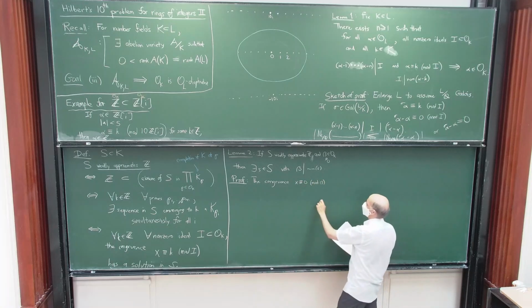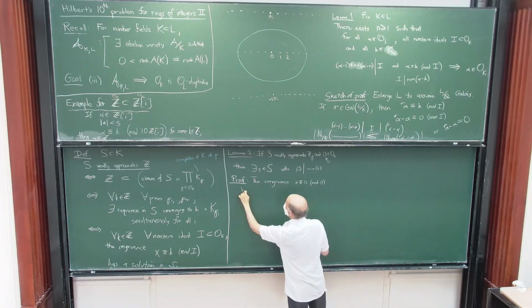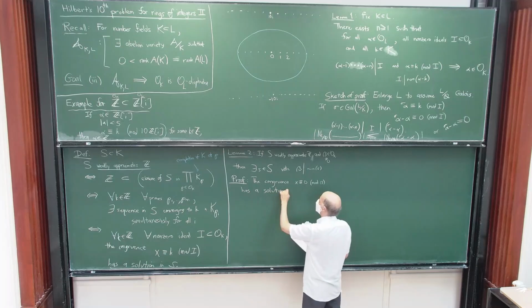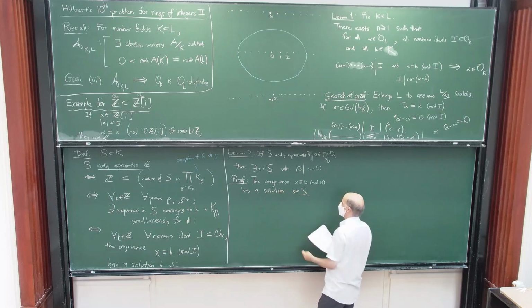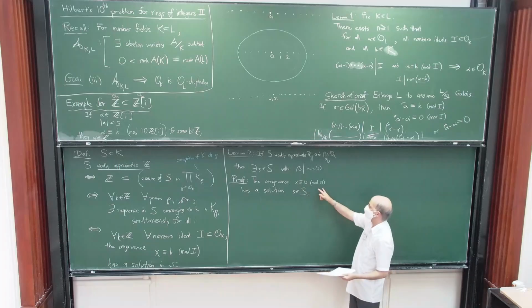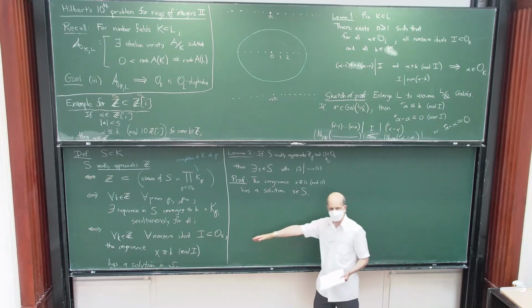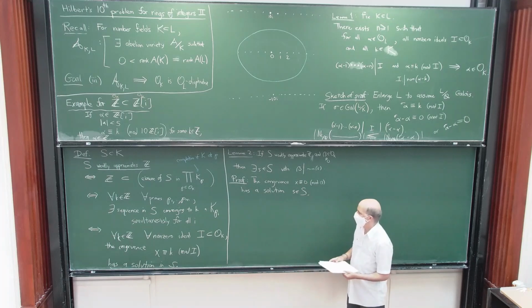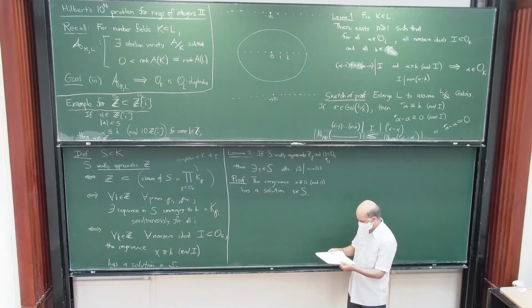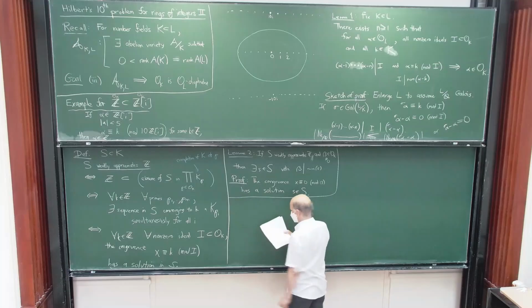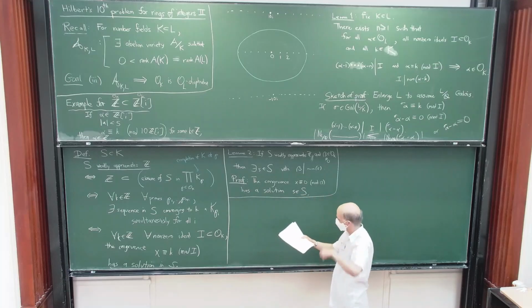This has a solution S, and you just take that S. By definition, this congruence means that beta divides the numerator of the difference. That's what I mean when I write a congruence like that. So that's just one consequence of S approximating Z.